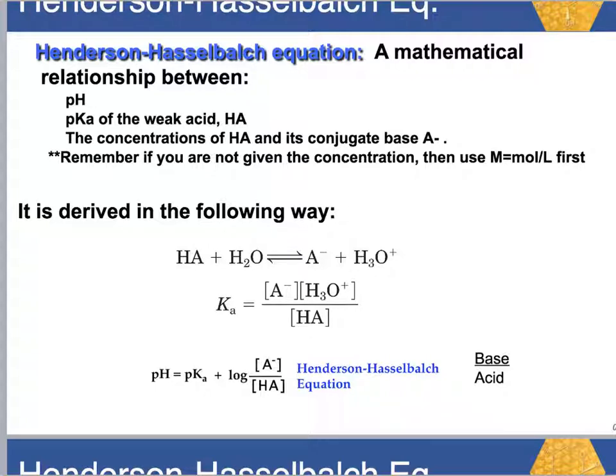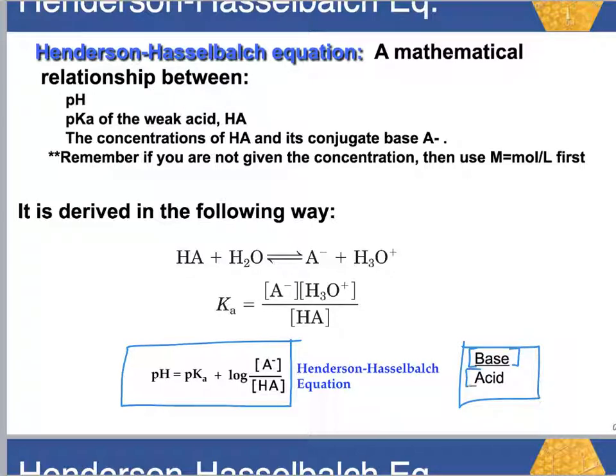Now, here is the actual equation that you use, but I rewrite it, and instead of A- over HA, it's easier for students to remember that it's the concentration of the base over the concentration of the acid. So pH equals the pKa plus the log of the concentration of the base over the concentration of the acid. The only thing you need to remember is if you are not given the concentration, then you need to use the molarity formula, molarity equals moles over liters, first in order to get the concentrations.